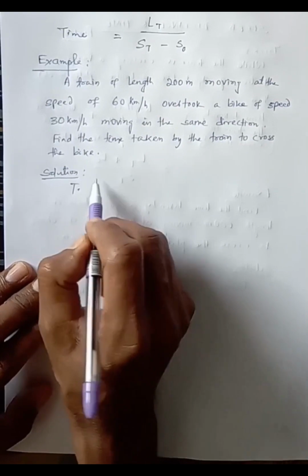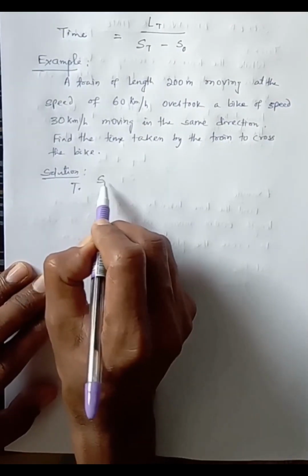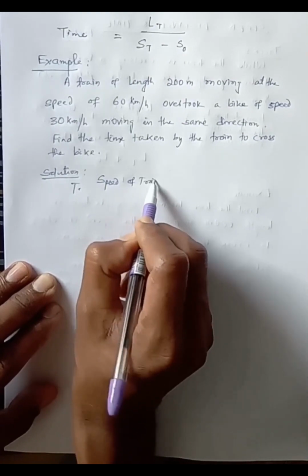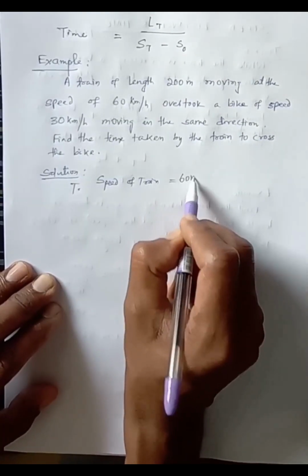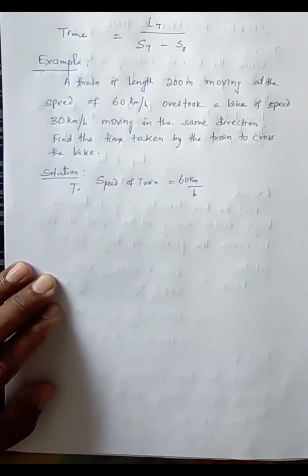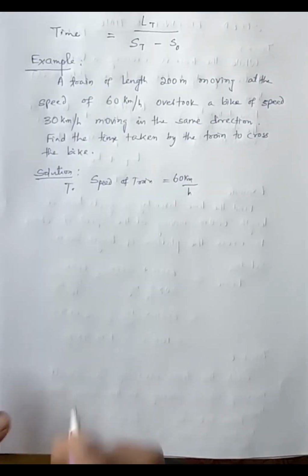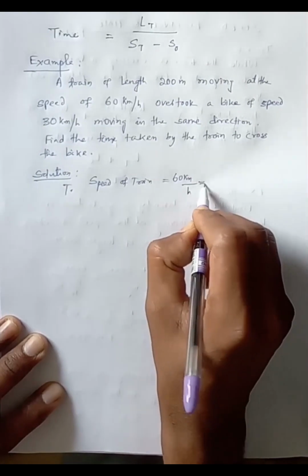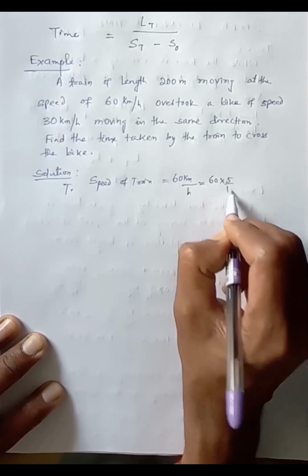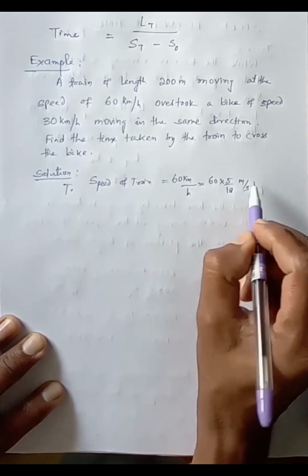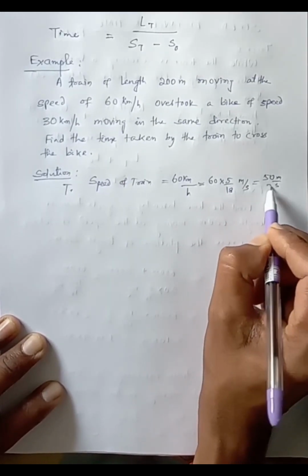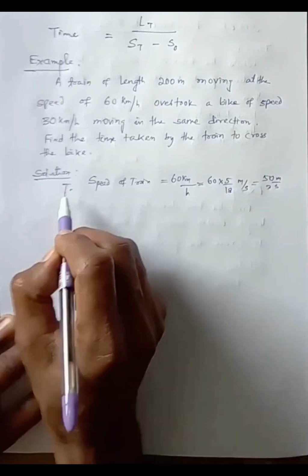Speed of the train is equal to 60 km per hour, which is 60 into 5 by 18 meter by second. This is equal to 50 by 3 meter by second.